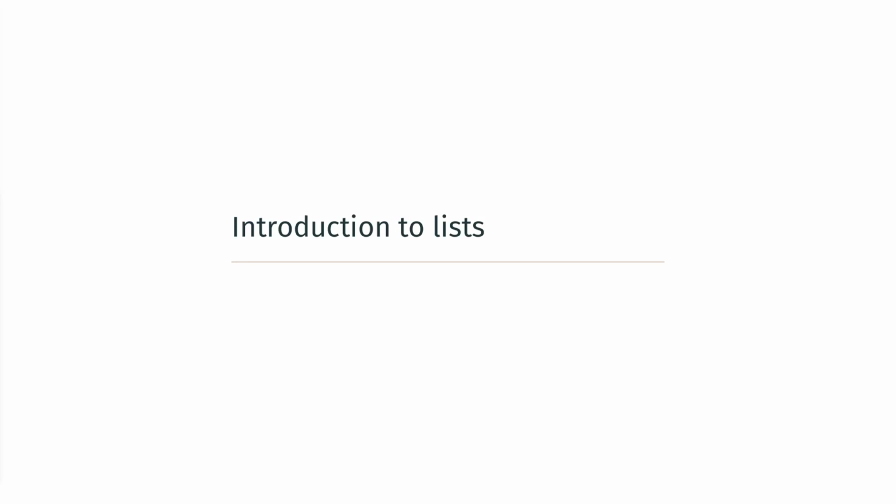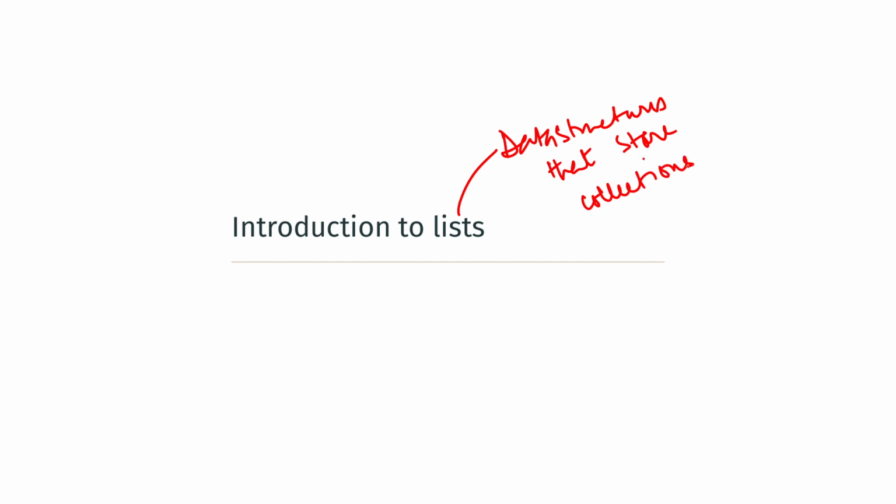Hello again. In the last lecture, we talked about lists, right? Which are data structures that store collections of data, and what they do is they store all these data under a common variable name.